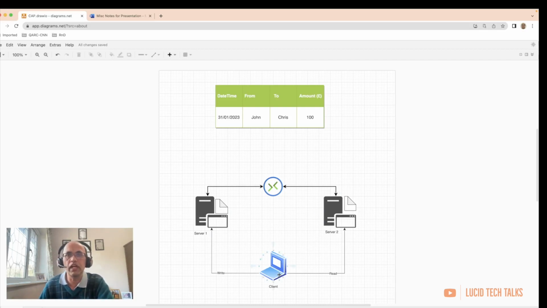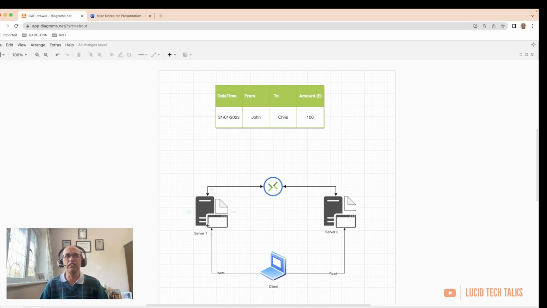After the file has been copied, when the client asks server 2 how much Chris owes John, it will get back the answer 100. And if the same question is asked on server 1, of course, it will get back the answer 100.